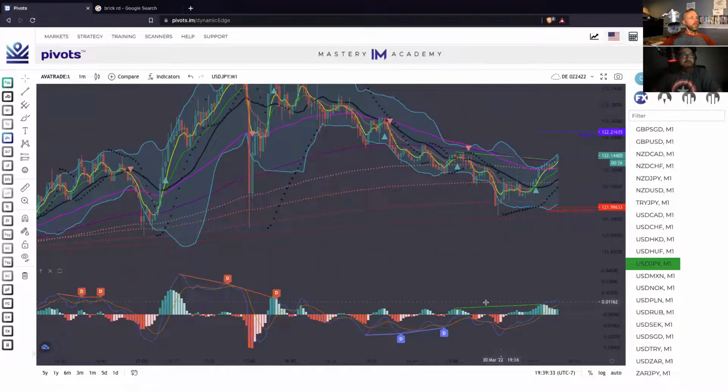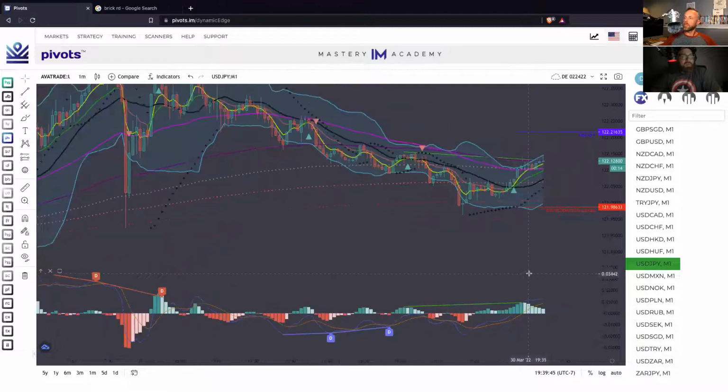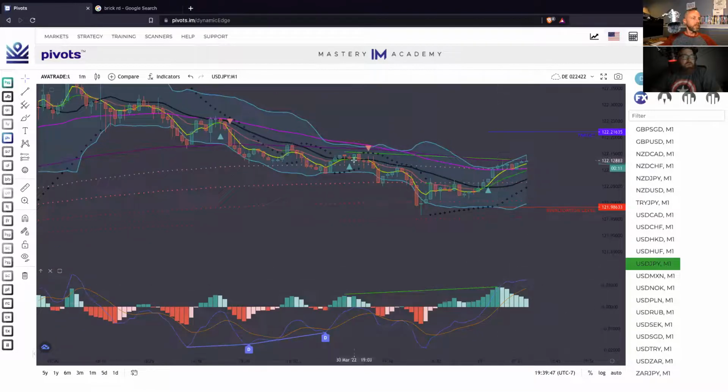When we see divergence, it doesn't mean that it's going to come down right away, right? It just doesn't mean that. Even here, look at this. We are even divergent from here to here.